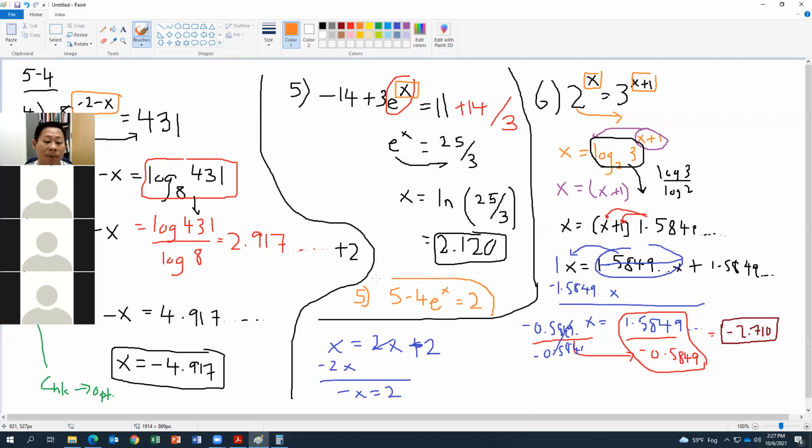Write it out on a piece of paper, everyone, please. 5 minus 4 e to the power of x equals 2. I want you guys to do question 5 on your own now. Everyone do it.